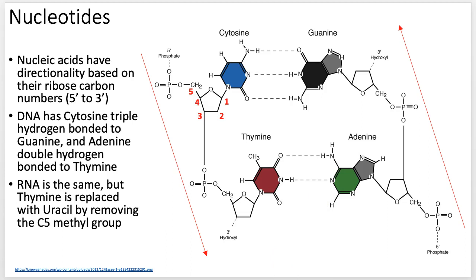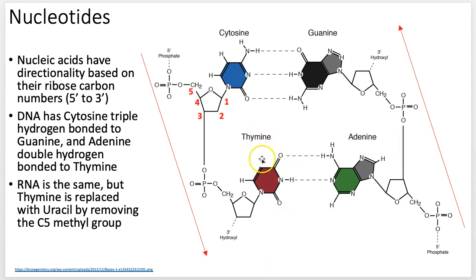Now, something that does come up sometimes is what about RNA? So in RNA, they have C's, they have G's, they have A's. They don't have thymines, but it's okay. The trick to RNA is that the difference between RNA and DNA is so small. There's only really 2 big differences. In RNA, the thymine is replaced with a nucleotide we call uracil, but all that really happens is this methyl group attached here goes away.